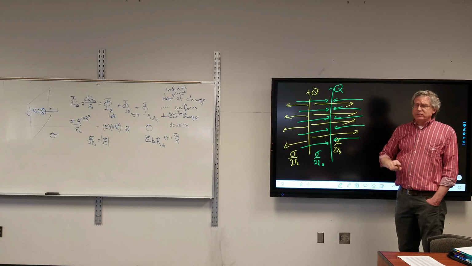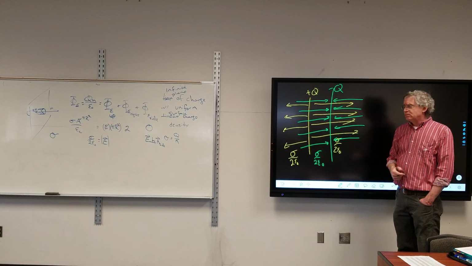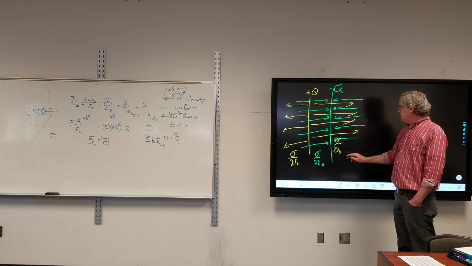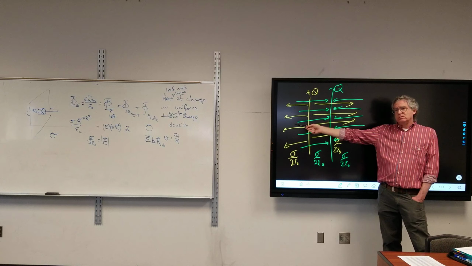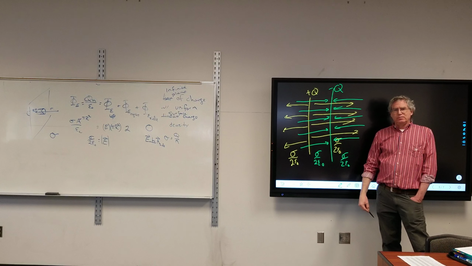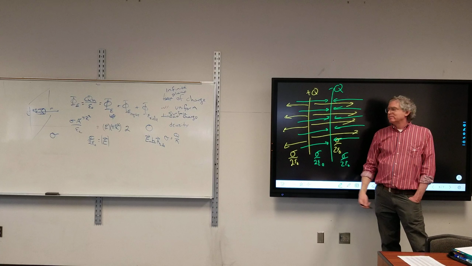I'm assuming the two plates are the same size. I'm assuming the distance between them is small. And sigma over 2 epsilon sub naught. So if I'm over here, to the left of them, what is my total electric field? Zero.